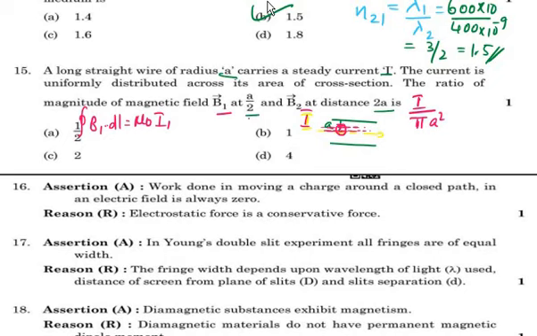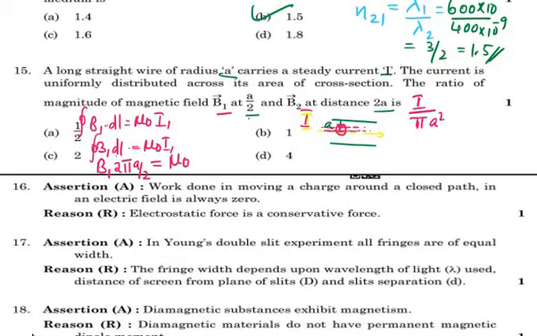So integral B dot dl will become B1 into dl, that will become mu 0 I1. Since B1 is a constant we can take it outside the integral, and integral dl will become 2 pi A by 2. A by 2 is the radius.